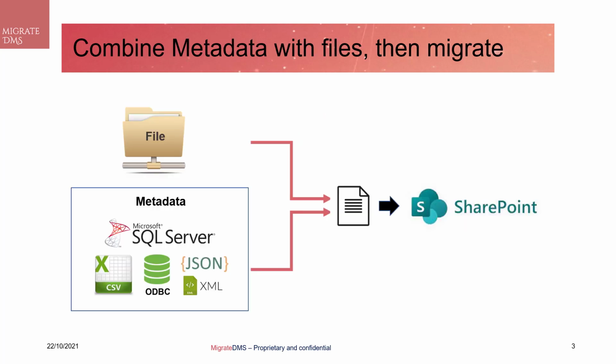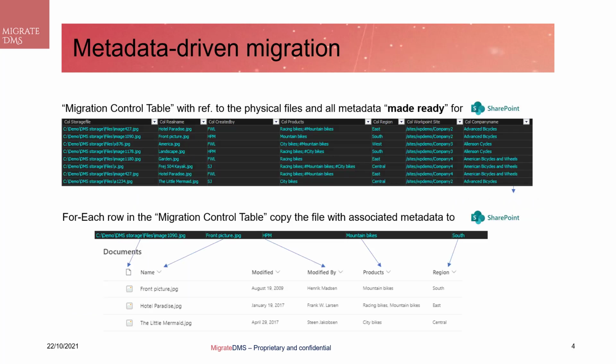is. So, in order to migrate, what we need to do is to connect each file with the associated metadata and then transfer that to SharePoint. A great technique to make that happen is called metadata-driven migration. It is a fundamental change in the way that you approach and execute migrations.